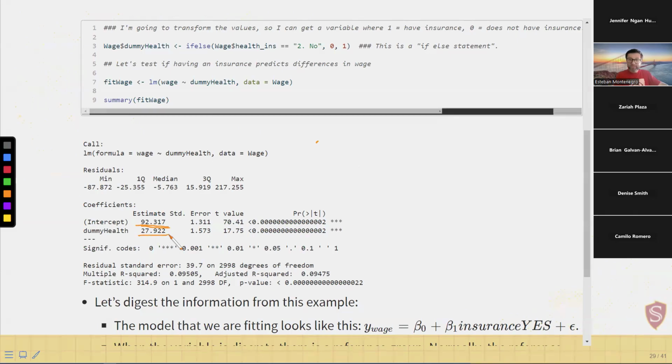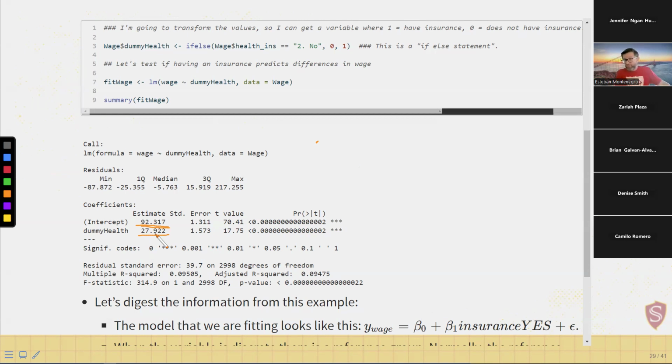And this is the mean difference. So this is the difference between people with and without insurance on wage, right? So on average, people with insurance are earning 27.9 more dollars compared to people without insurance.